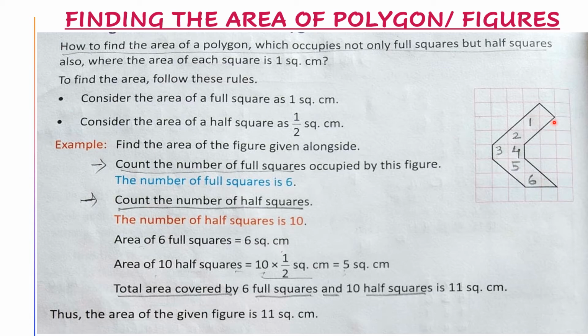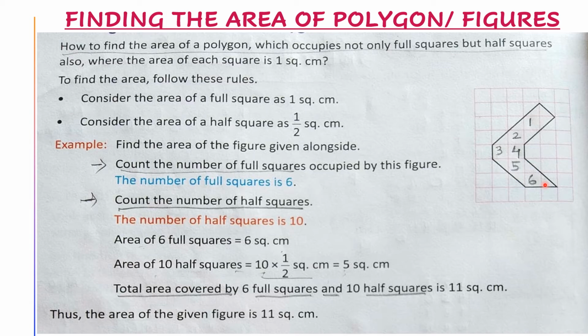As you can see in this figure, we have a few half squares. Now find the number of half squares in this figure: 1, 2, 3, 4, 5, 6, 7, 8, 9 and 10. The number of half squares in this figure is 10.